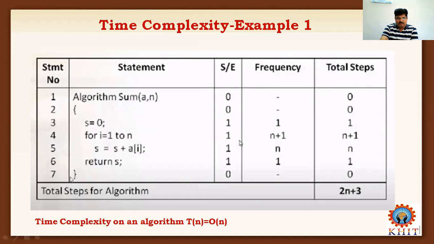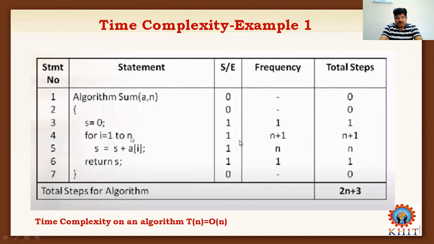The opening brace and closing brace are never executed, so they take 0, 0, 0. Now an assignment statement: assignment statements are executed only once, so S equal to 0 is executed only once, 1 into 1, 1. Looping statements are executed n times if true, and when the condition is false it takes one more time, totally n plus 1.